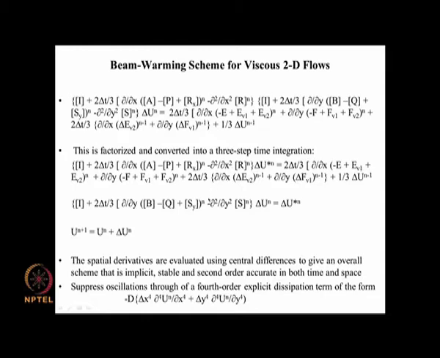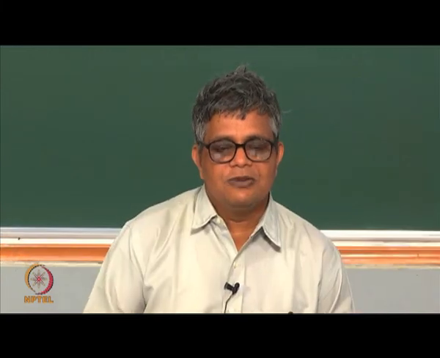So the essence of the Beam-Warming method for viscous 2D flows is given by these things, where the coefficients A, P and Rx, R and S, and all those things need to be evaluated either analytically if expressions are known, and if necessary numerically, which we will examine in the next lecture.